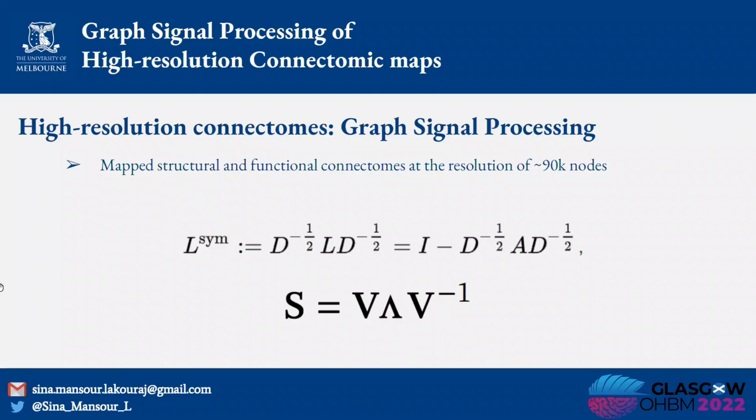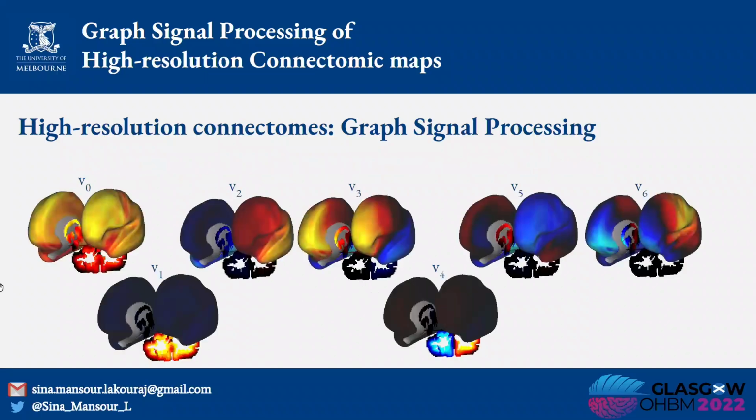We basically use a graph signal shift operator that aims to describe how information diffuses over the network. We used the shift operator of the normalized Laplacian matrix, which is a normalized version of the Laplacian matrix that was described earlier, so that we assume that information from one region to other regions is distributed according to the strength of their connectivities.